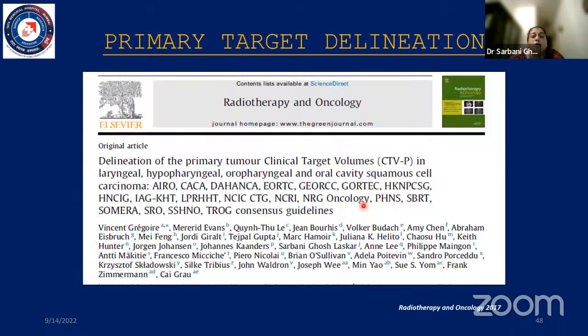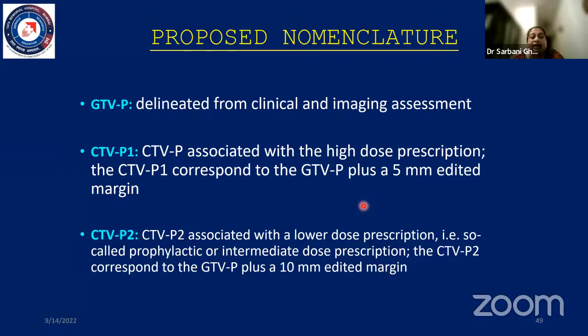Of course, all of you must read this paper on delineation of primary tumor clinical target volumes in laryngeal, hypopharyngeal, oropharyngeal, and oral cavity squamous cell cancers, which is a consensus guideline. It has proposed several nomenclatures. One is the GTVP, which is the GTV primary.